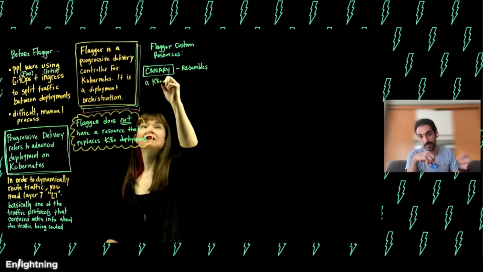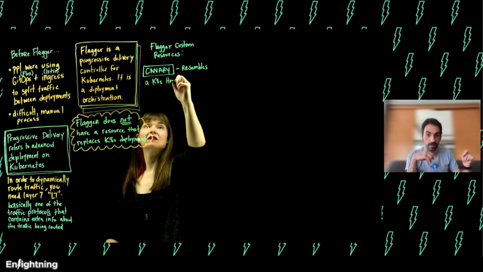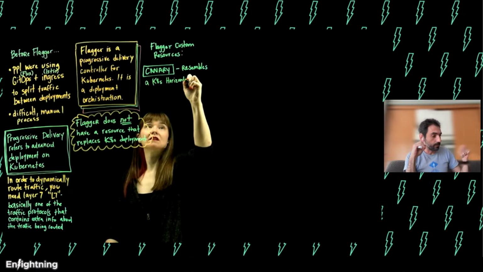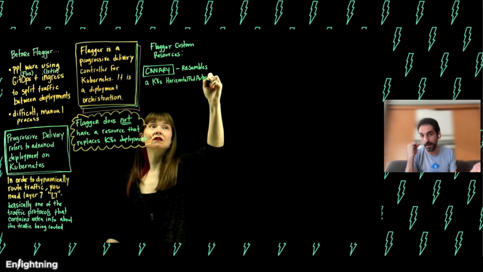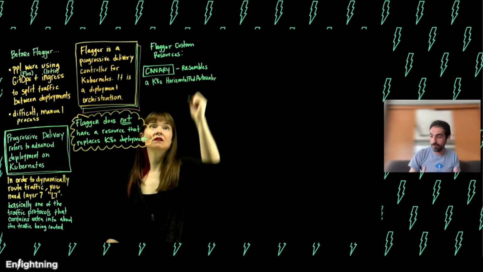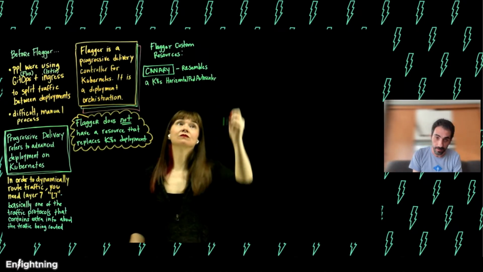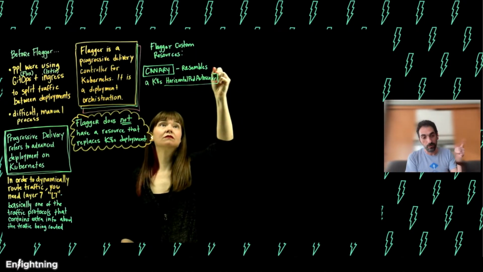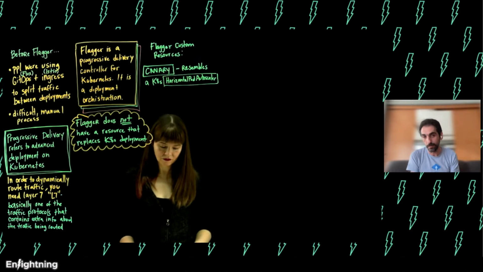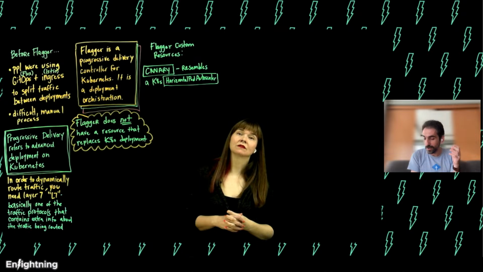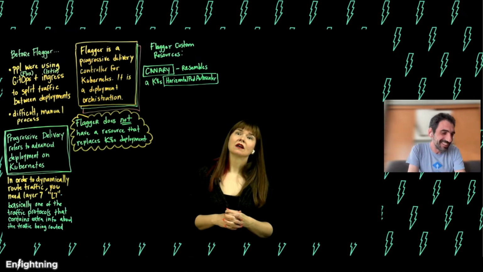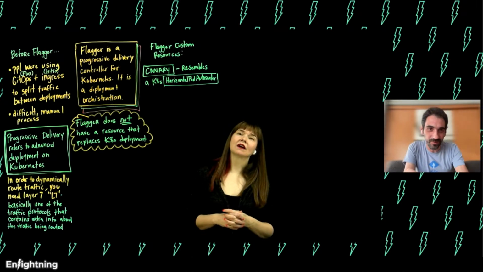Inside its spec it has a target reference where you say, do canary deployments for this deployment, and you point out the deployment name. The Canary definition needs to be in the same namespace as the deployment, and then you tell Flagger where the deployment is. You can also tell it where the horizontal pod autoscaler is, and I'll explain later how these work together.